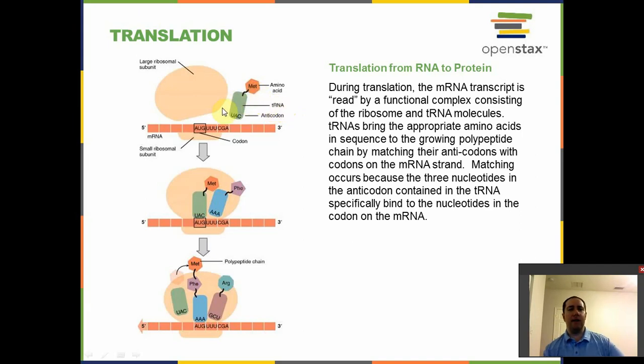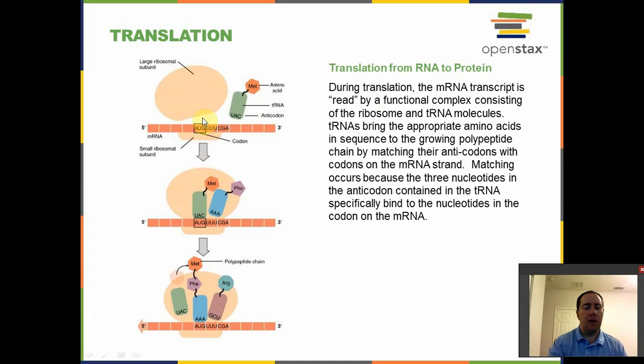And so we see this here. The ribosome has read AUG. And AUG means we need a methionine, an MET. So the ribosome calls out, bring me a methionine. The tRNA brings in the methionine and it puts it in place.